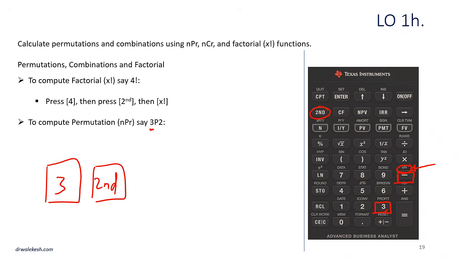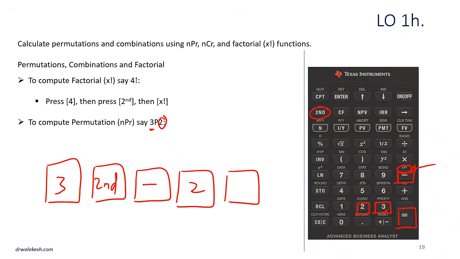Then you will press this key. But we are still not done yet. We need to press 2. Then the equal to sign. Once you press that, I expect your answer to be 6.